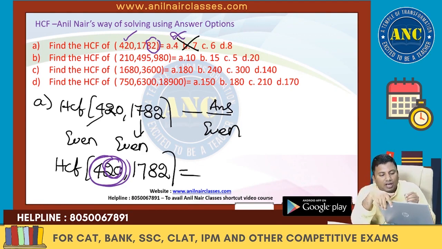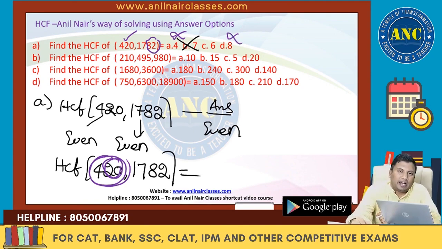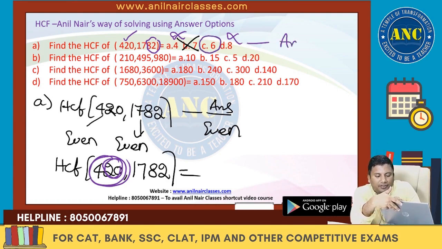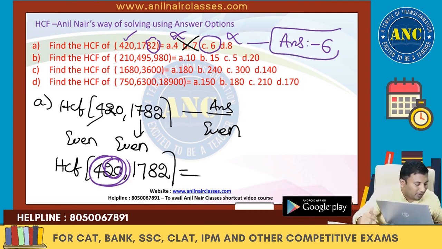So the first option is incorrect. If the first option is incorrect, the last option will also be incorrect. If a number is not divisible by 4, how can it be divisible by 8? Option is C. Answer for this question is 6.